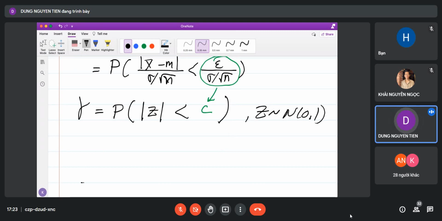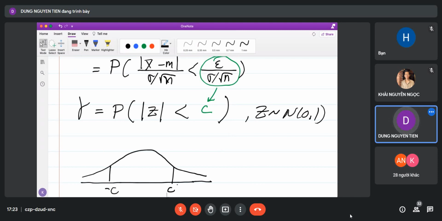And then you know that Z follows the standard normal distribution. Then I'm going to draw the graph of the density function of the standard normal distribution. This is minus c. So Z is from minus c to c, and this is gamma. For convenience, I denote by alpha 1 minus gamma, and the area of the shaded region should be alpha.